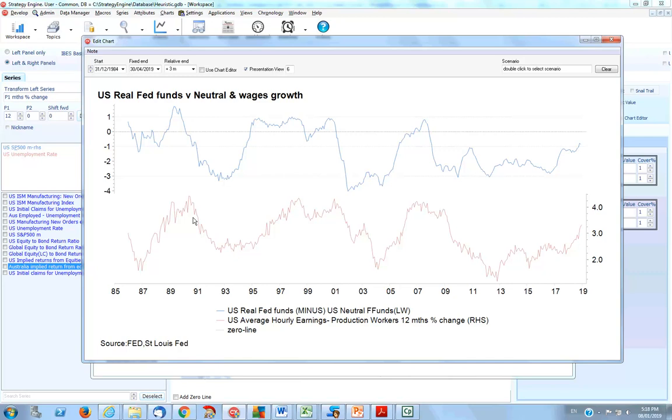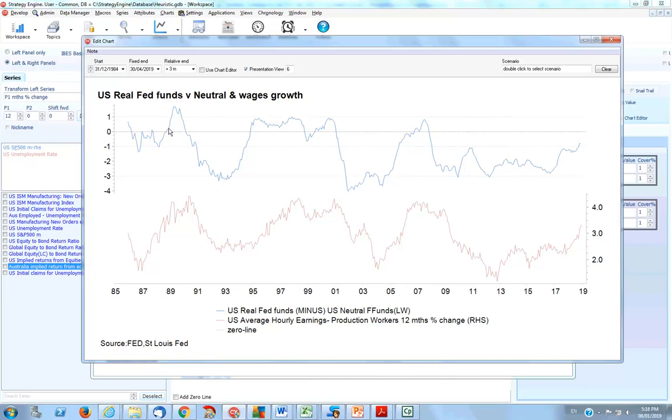Well, in the past 1, 2, 3 cycles, wages growth has got up to around about 4%. That's the right-hand scale, as you can see there. We've seen quite an acceleration over the past 6 to 9 months, picking up to around about 3.4% in December. So we are getting closer, of course, to this period of 4% wages growth, which in the past has been associated with a Fed policy rate being above neutral.